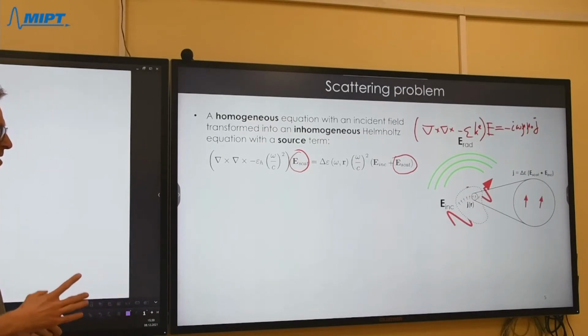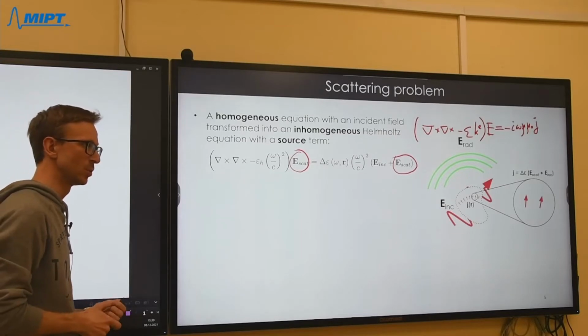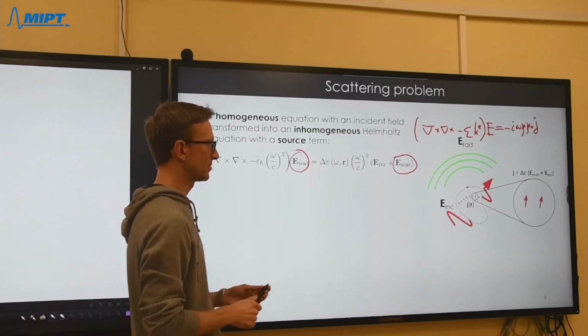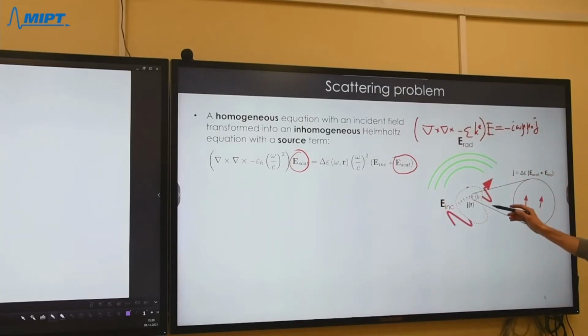And this is essentially the equivalence principle that we discussed in one of our first lectures. What we have done is that we replaced the presence of the object, described by a certain permittivity, permeability, refractive indices, with a set of charges, elementary electric currents that are distributed in the volume of our object with certain density, with certain weight function.